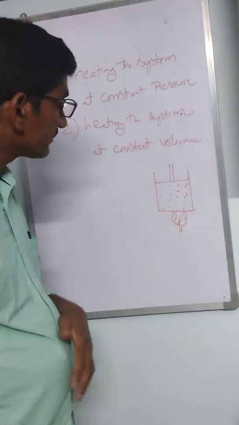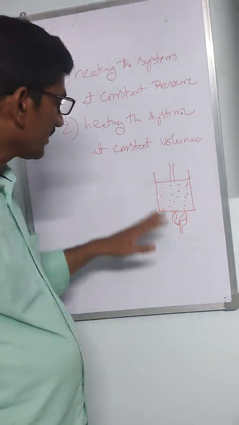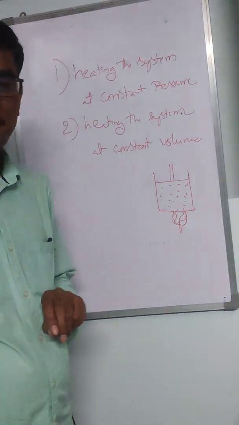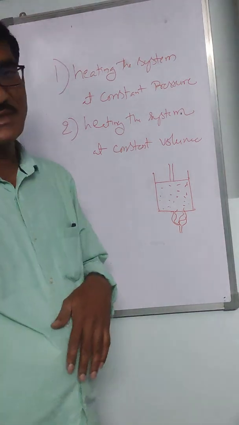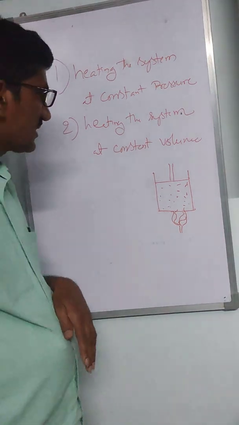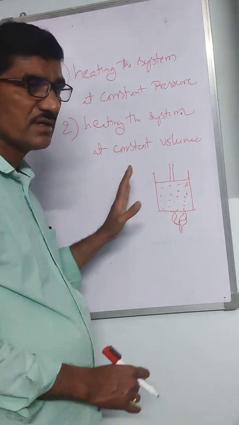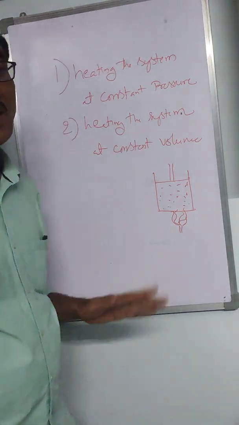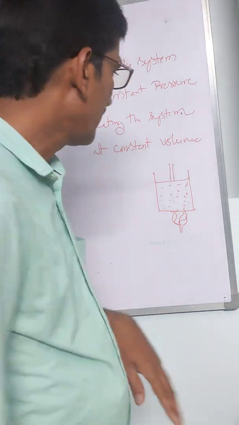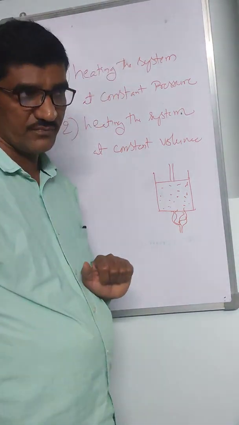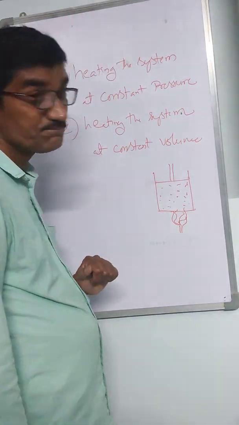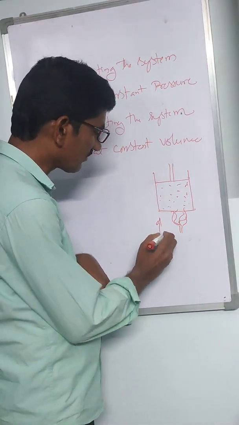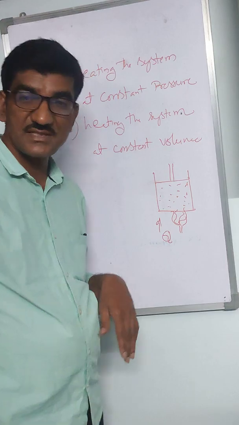Here you are heating this system at constant pressure. What is that constant pressure? Here you are heating this gas at the atmospheric pressure. Now, suppose that you are supplying some amount of heat Q to the system.